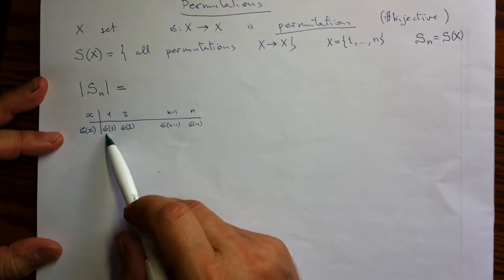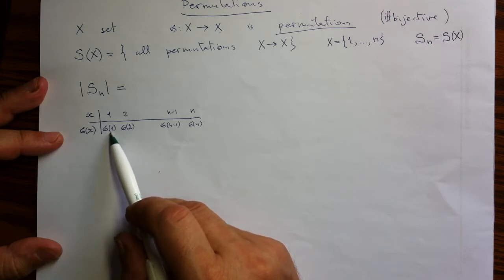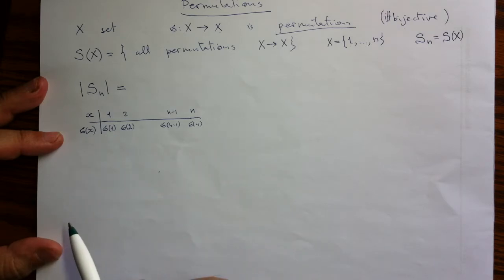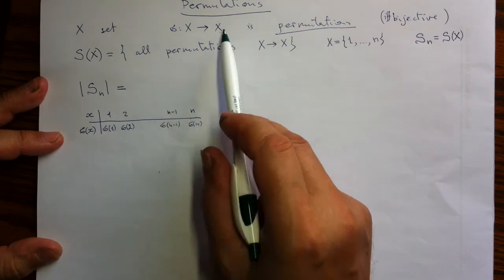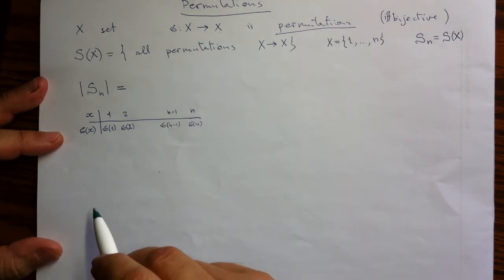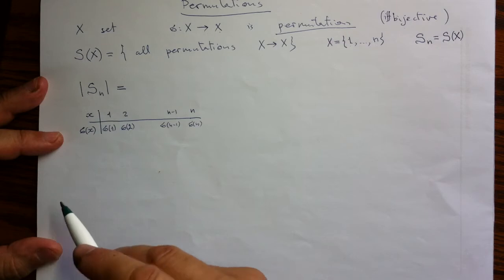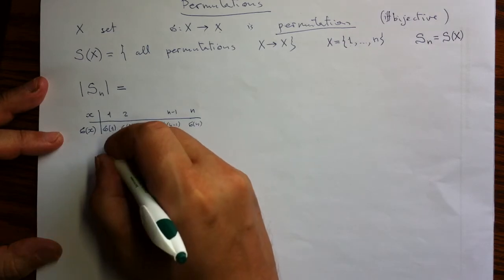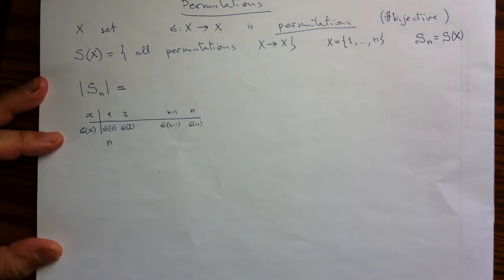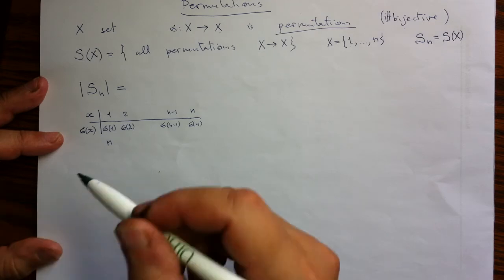So let's just start by counting how many ways we can create the first answer. Well, any element in X can appear as the first answer. So we have n elements, we have n possible answers for the first value.